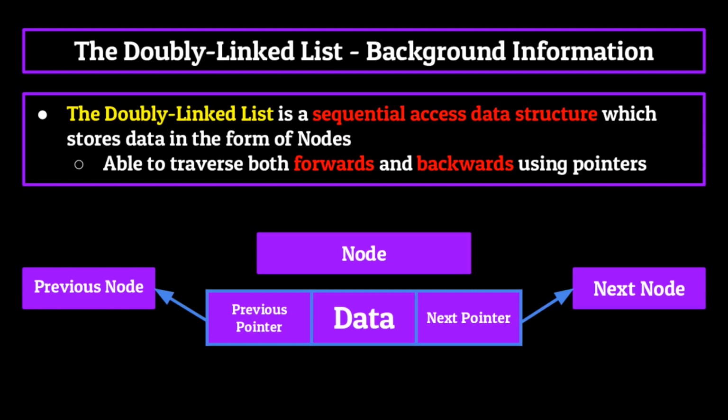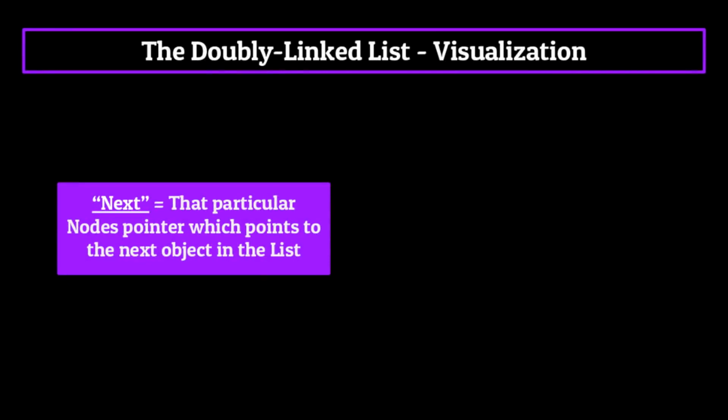Now, because this can get pretty confusing very quickly, I want to do a visualization. Before that though, let's use some lingo to help consolidate the terminology that I'll be using. When I refer to a node's next, I'm referring to that particular node's pointer, which points to the next object in the list, whether that be another node or a null value.